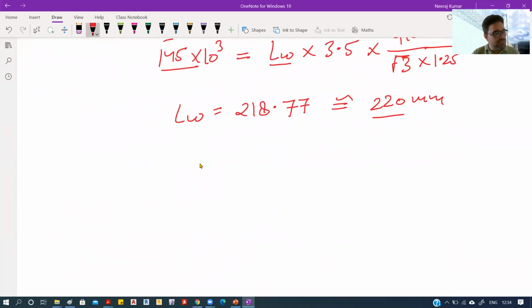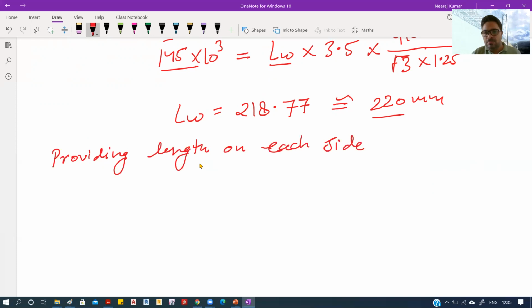So we will write: providing length on each side as 220 by 2, which is 110.